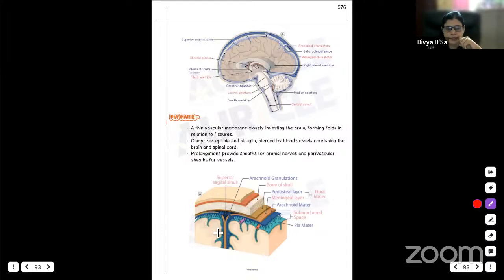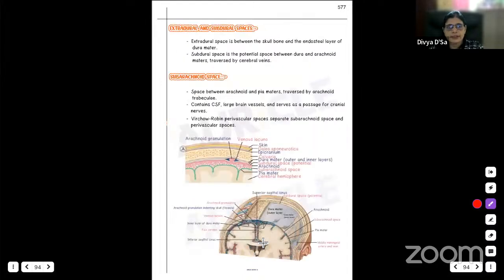It comprises the epipia and pia glial, pierced by blood vessels which nourish the brain and the spinal cord. Its prolongations provide sheaths for the cranial nerves and also form the perivascular sheath for the blood vessels.